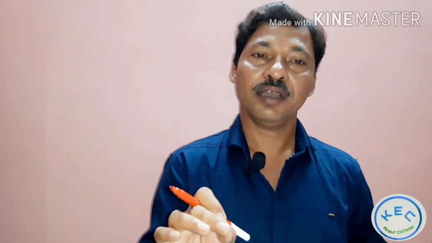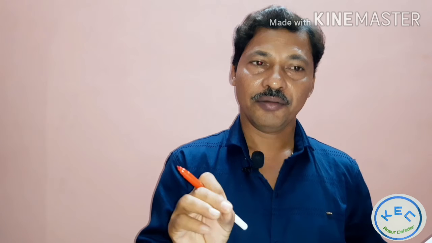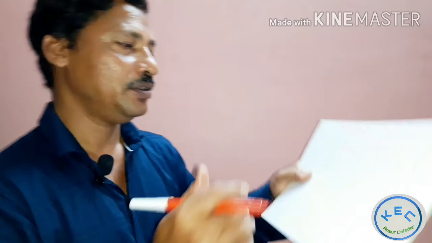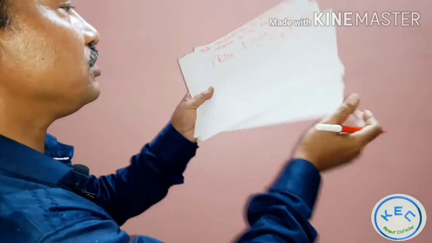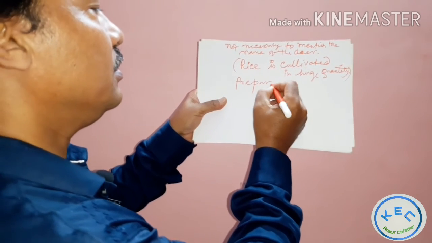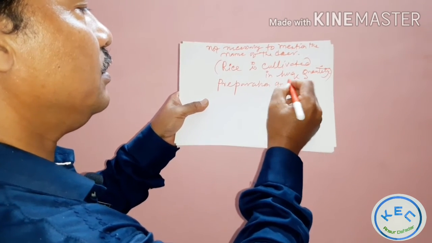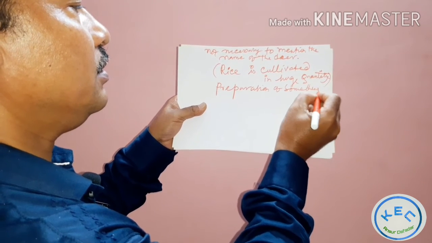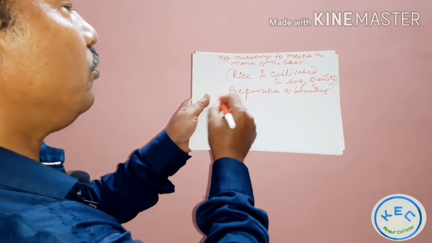And the third, when we describe a process, when you describe the preparation of something, we usually use passive voice sentences. Describe the processing of something, preparation of something. Example 1.